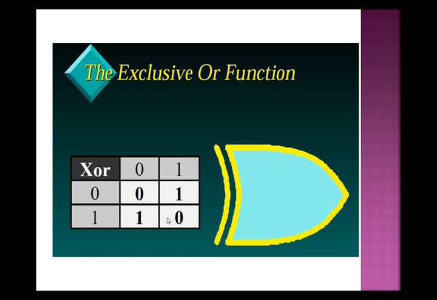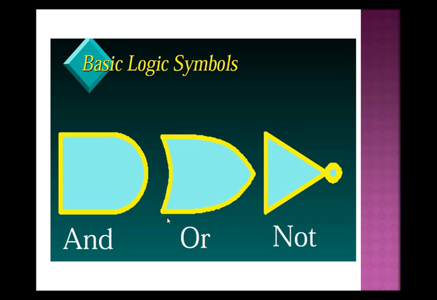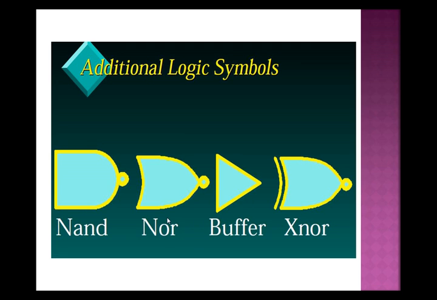These are the basic logic gates. Logic means zeros or ones for the inputs and the outputs. These are the basic logic gates, that is AND, OR and NOT, and this is the exclusive OR. These are the additional logic symbols, that is NAND, which means finding the NOT of AND, as the name suggests.